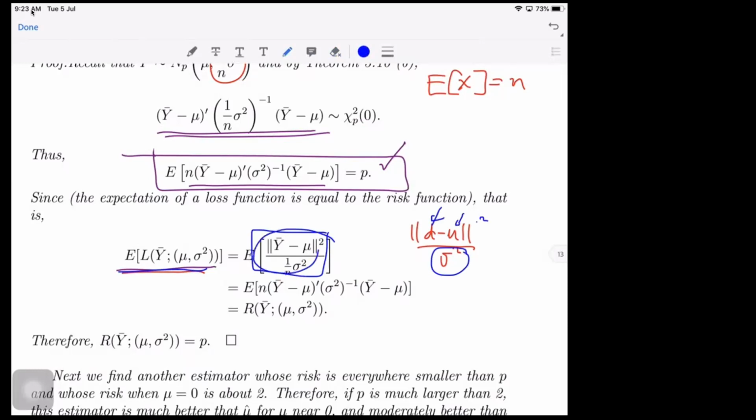If we rewrite that, it is equal to this, and that is the risk associated with using Y bar, and that is equal to p. So the expected loss, or the risk, associated with using Y bar is equal to p. Okay, any questions? Do you understand?